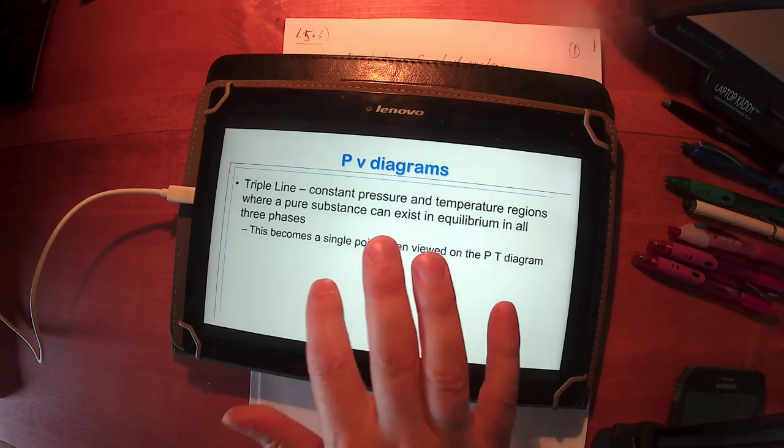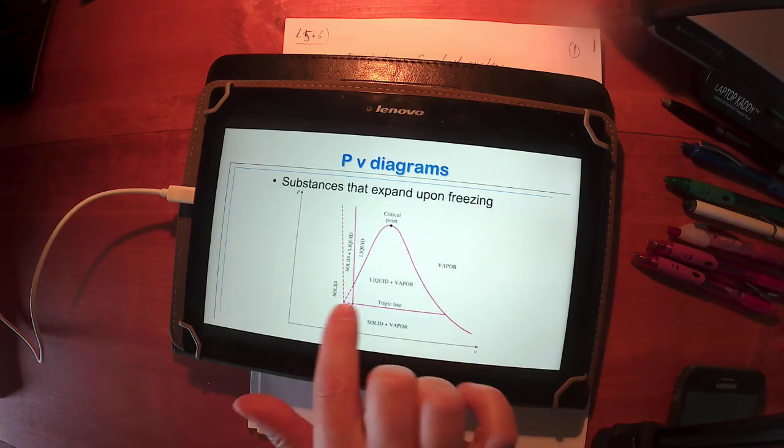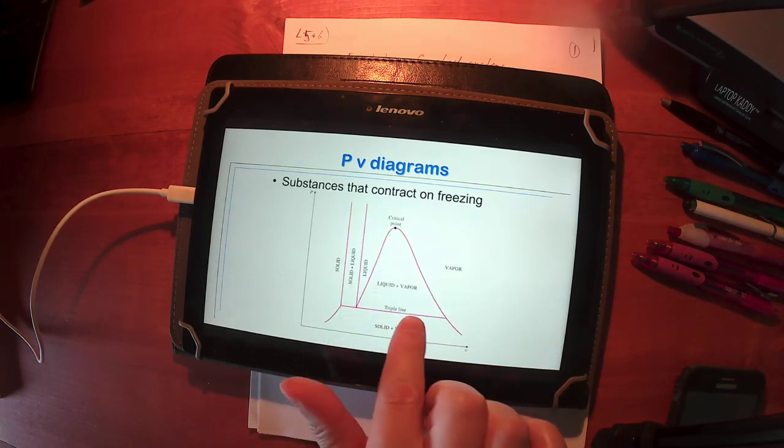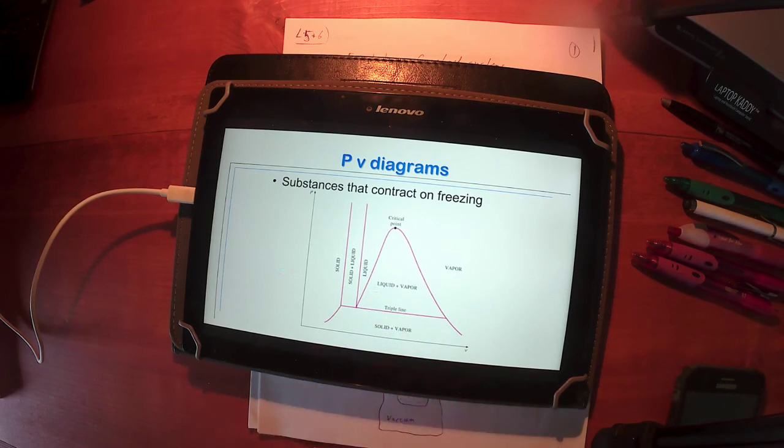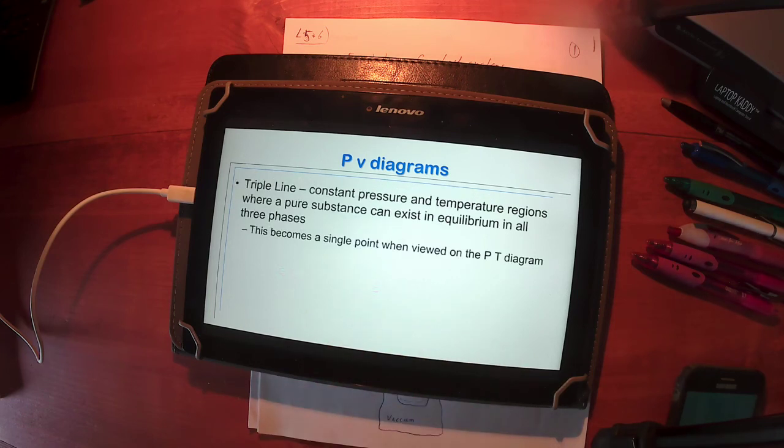So what that means is that along this line, the substance can be melting at the same rate that it's freezing, and it can be vaporizing at the same rate that it is condensing, and all three phases can be in equilibrium. And we'll pick up there.